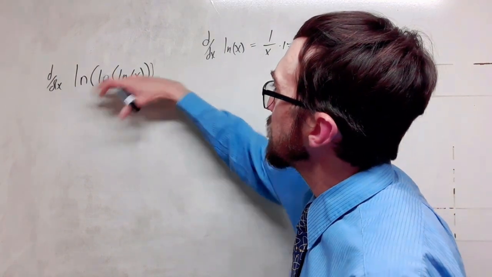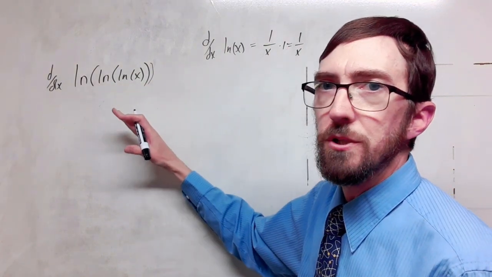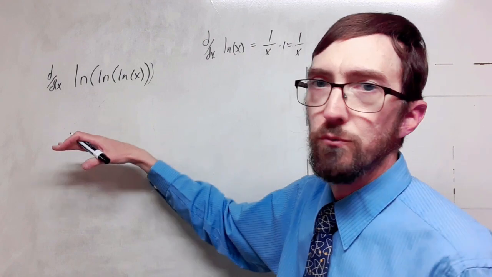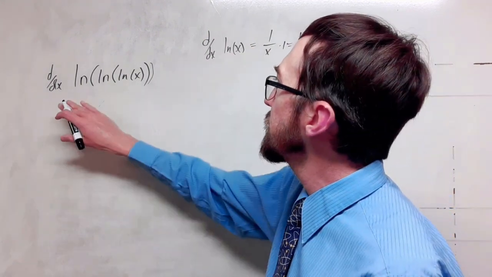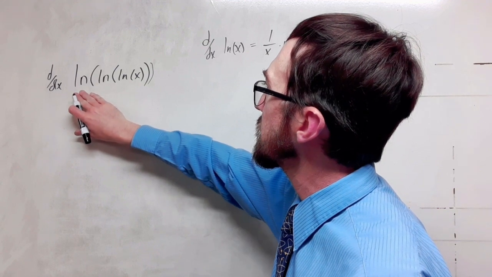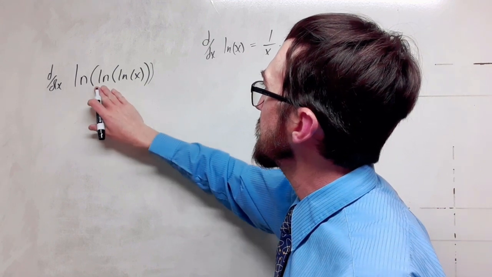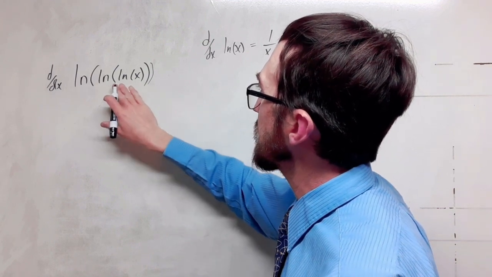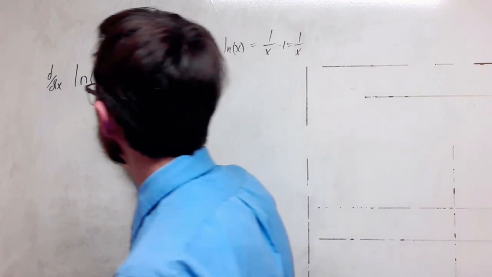And we're going to do this repeatedly. This will be an application of the chain rule. When we do the derivative here, the derivative of this first logarithm is going to be 1 over this log of x.